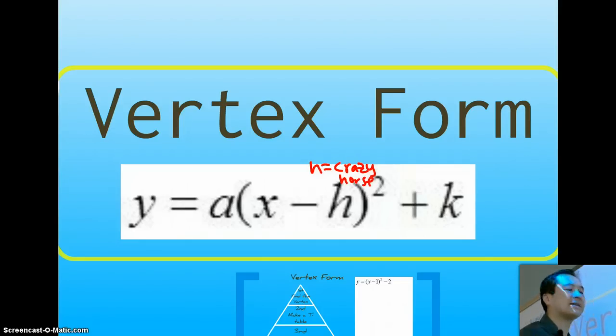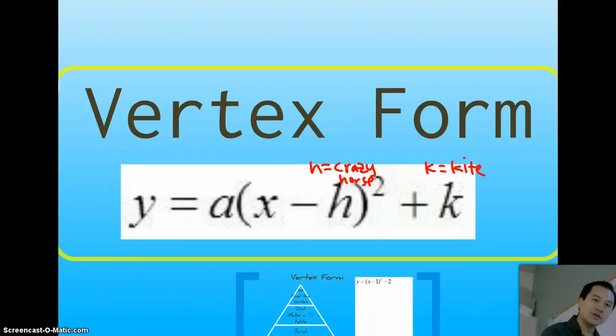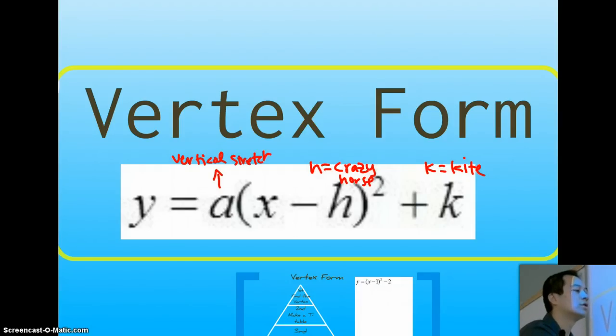Why is it crazy? Because it does the opposite. And k is the what? K is the kite. A is called the vertical stretch or shrink.